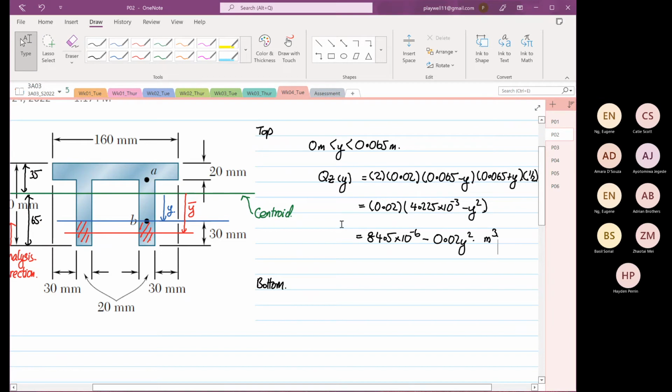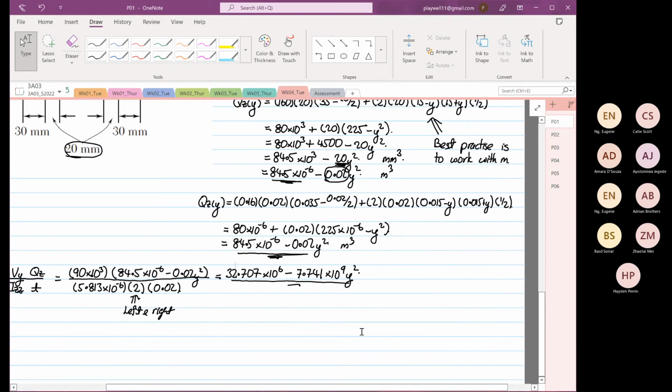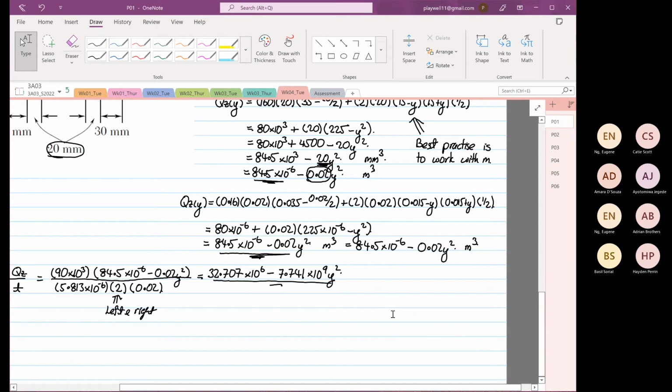Let me copy the equation over here, and then I paste down here. You realize that this equation that we derived from the bottom and the top are exactly the same. Okay, so this is one way that you could check whether your answer is right or wrong.